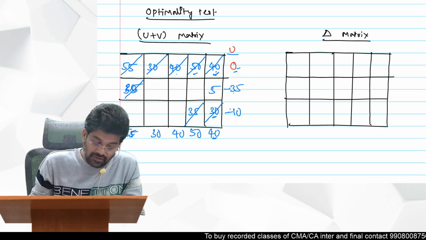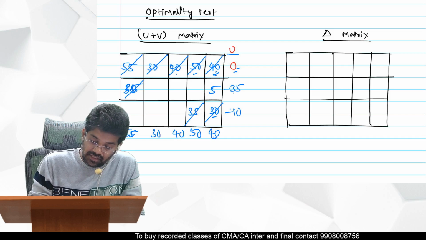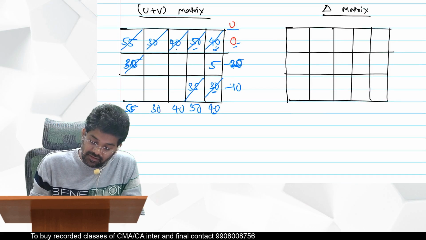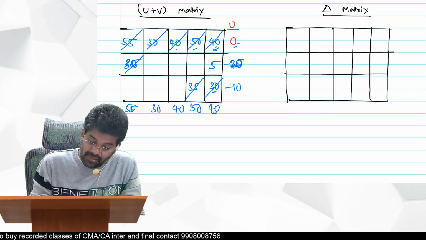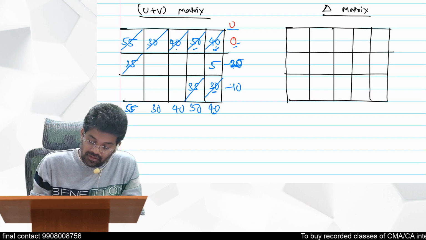Okay, cost is only 35. So 55 minus here minus 20, then it will be 35. Okay, so cost properly I have not taken. So this is minus 20.